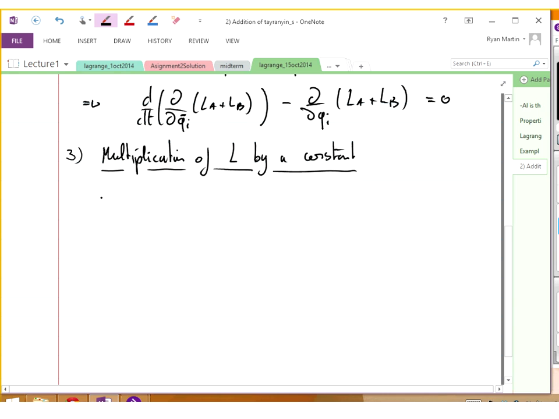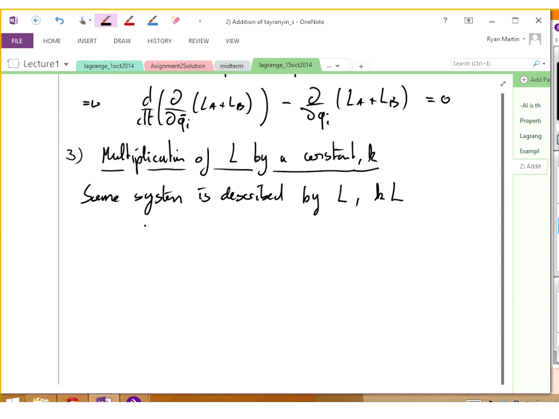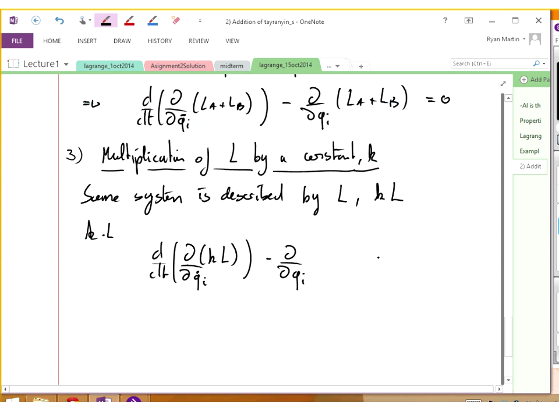Call that constant K. And so the same system is described by L and by K times L. All right, so let me just write the Euler-Lagrange equation for the system that's described by K times L. So I have d by dt of ∂/∂q_i dot of K times L minus ∂/∂q_i of K times L equal to 0.